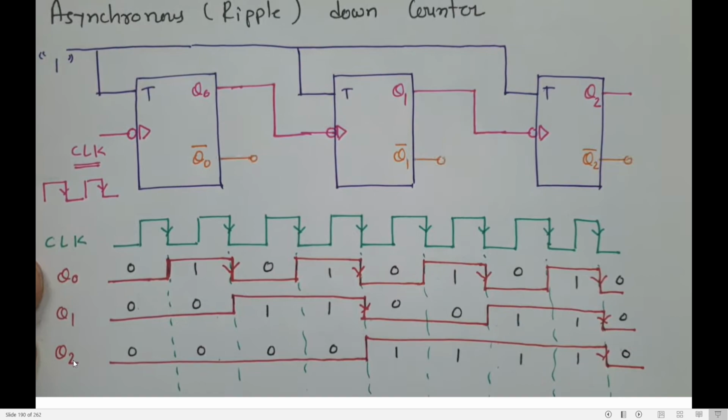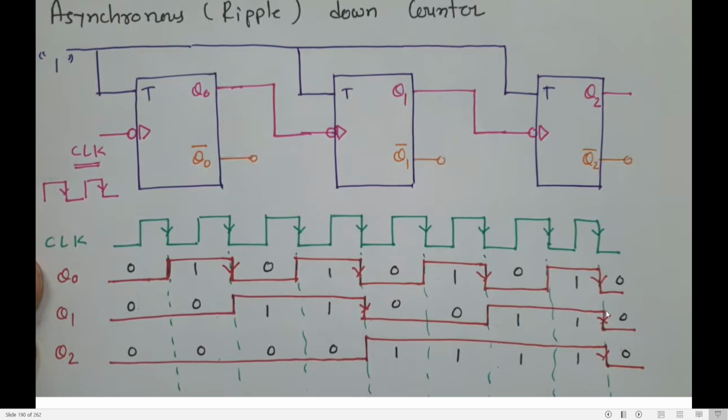So now do for Q2. What is Q2? Q2 is the output of the third flip-flop. So for Q2, what is the clock? Q1 acts like a clock of Q2. So I will be in 0 until Q1 gets a negative edge. Can you see Q1? Where is the negative edge of Q1? This is the negative edge of Q1. Where is one more negative edge?